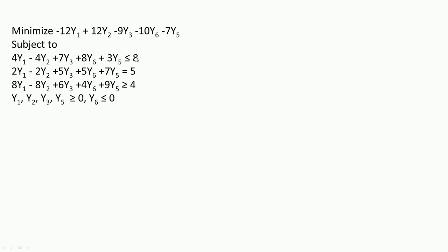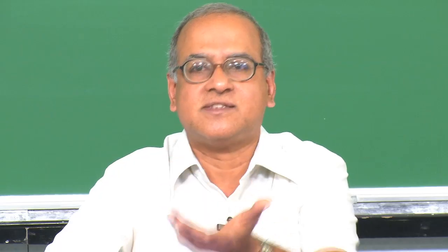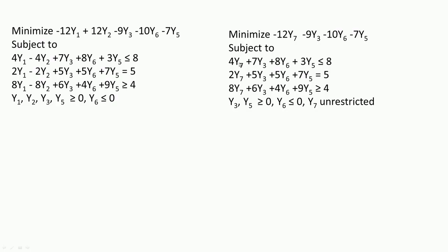Now, what happens is we have 3 constraints here and we have 5 variables, and we now realize that 4y1 minus 4y2, 2y1 minus 2y2, 8y1 minus 8y2. So, y1 minus y2 now can be replaced by another variable which is unrestricted. So, we do that next, we call it y7.